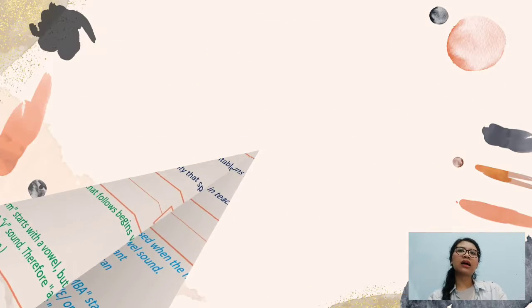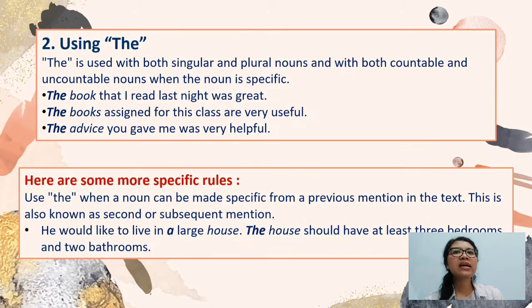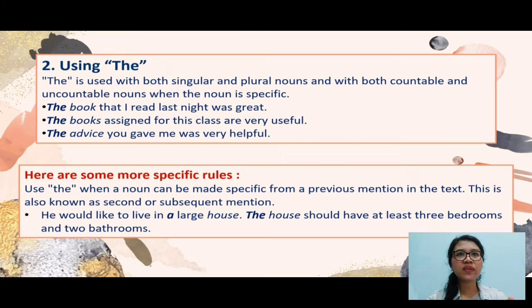And then the next, using the. The is used with both singular and plural nouns and with both countable and uncountable nouns when the noun is specific or not general. For example, the book that I read last night was great.